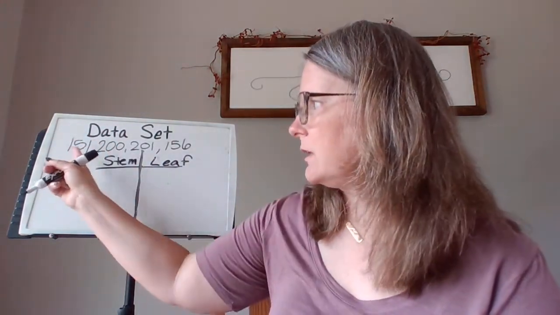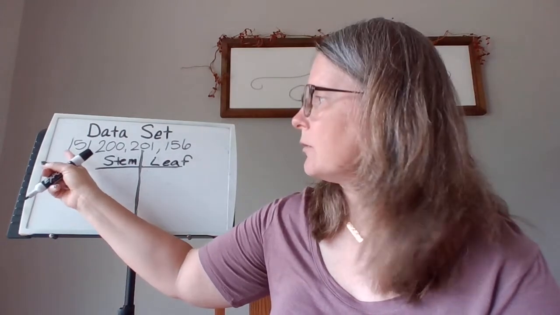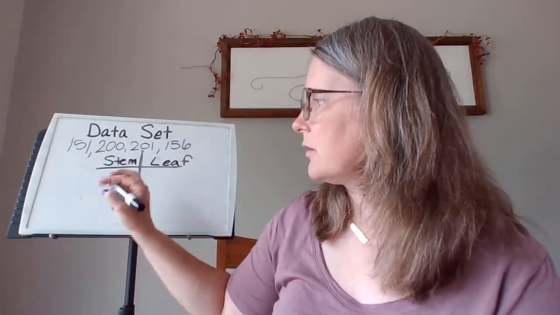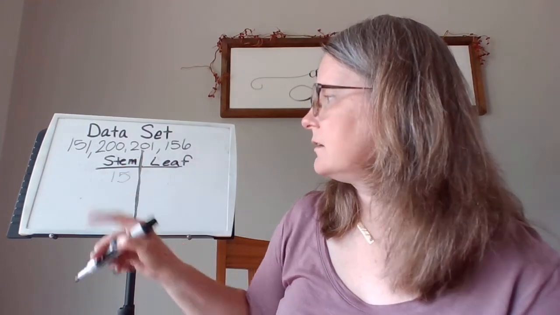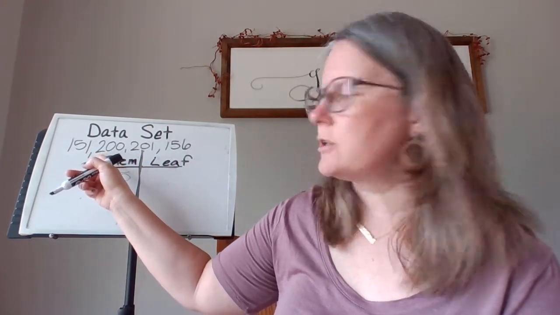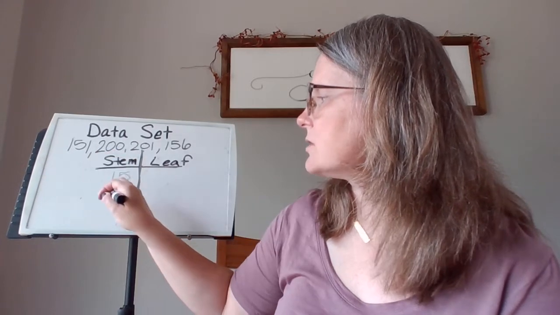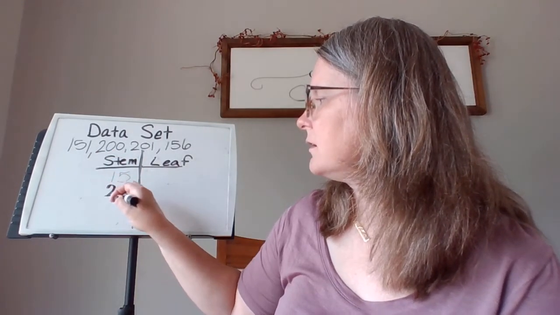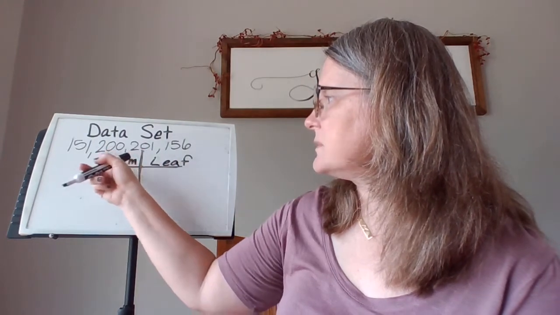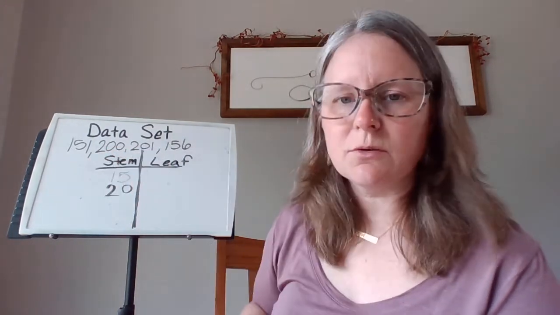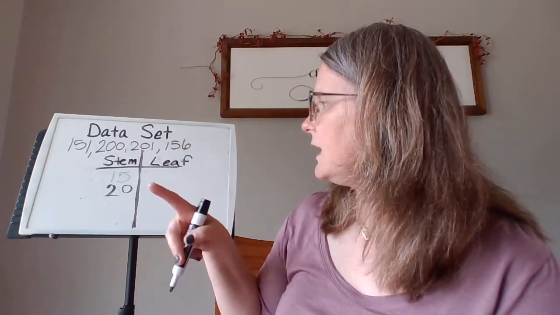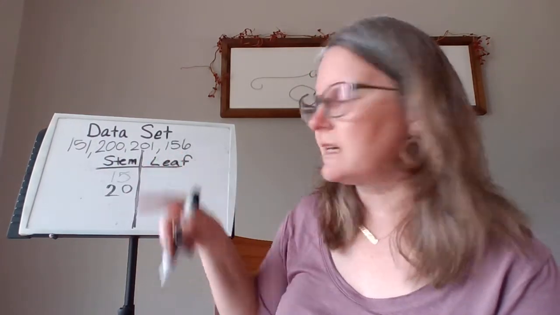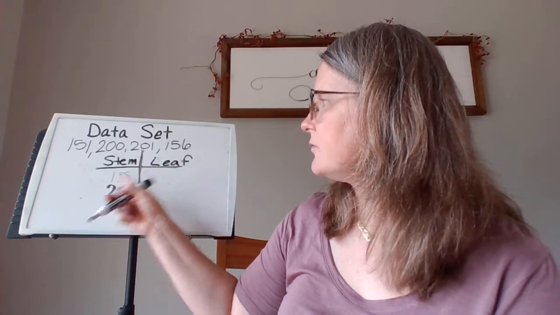So, for example, in 151, our first 2 numbers are 15. So we would write 15. In 200, our first 2 numbers are 20. And in 201 the first 2 numbers are the same, so we're not going to do another 20. We're going to leave it just like that. And 156. Oh, and we already have a 15, don't we?